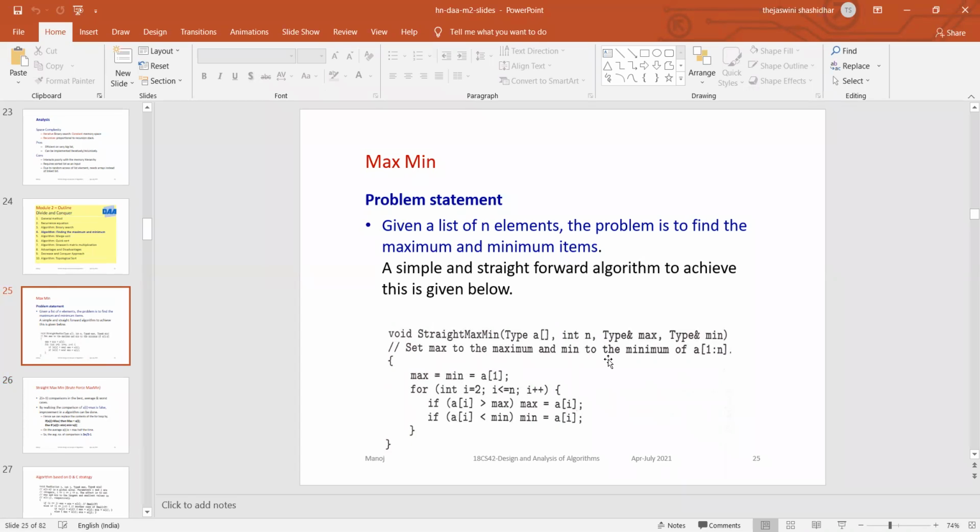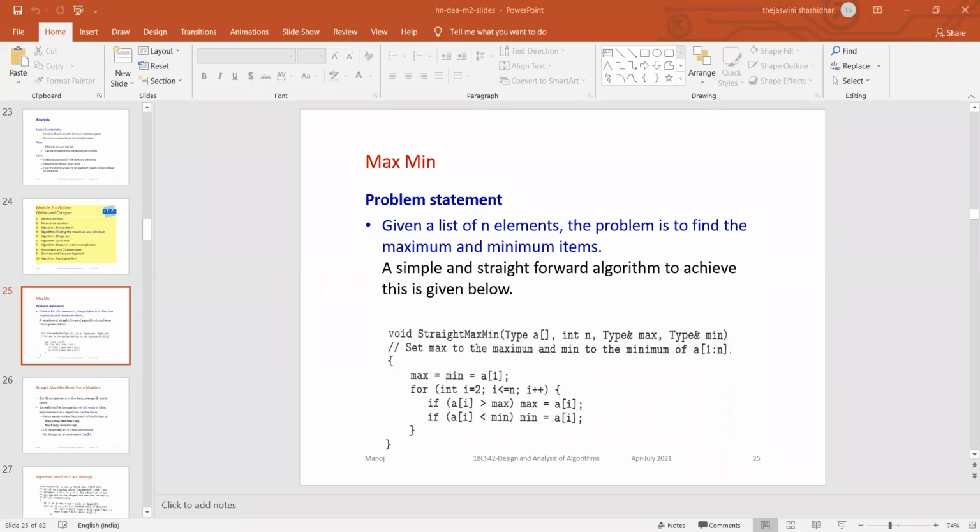So how many comparisons are you doing for one element? Which are those two comparisons?